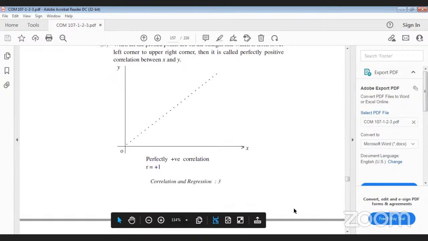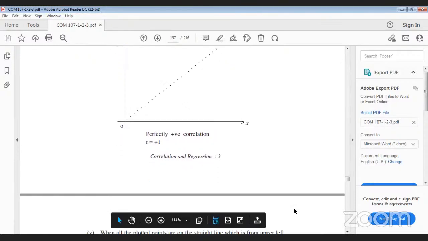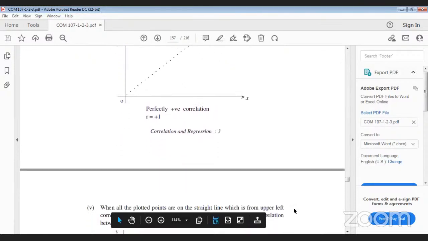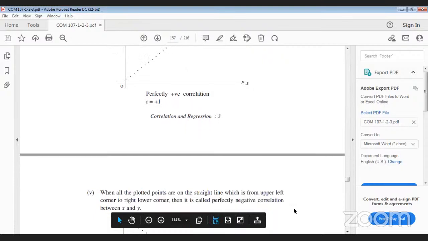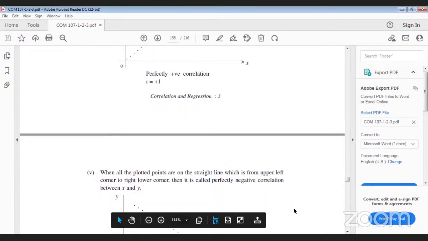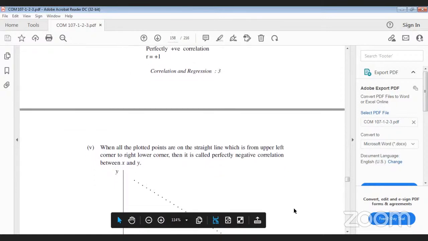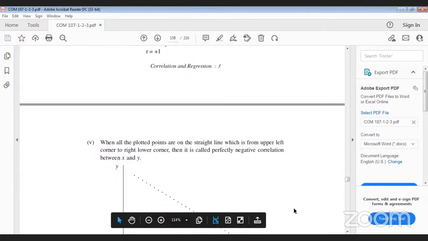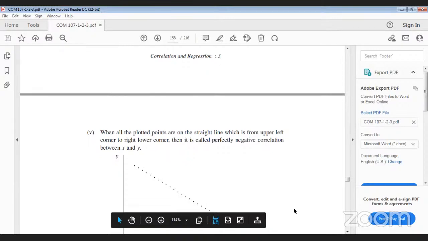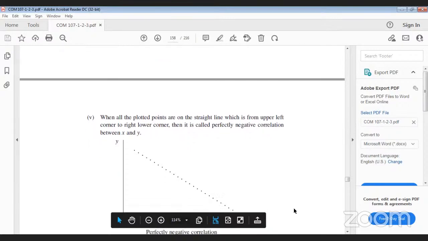Then on the next page you will find the fifth point. When all the plotted points are on a straight line from the upper left corner to the lower right corner, then it is called perfectly negative correlation between x and y.